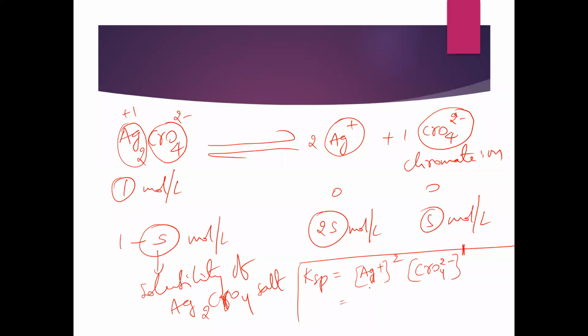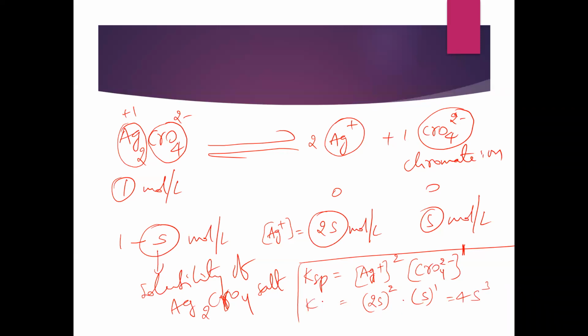Here Ag+ ion concentration is 2S, so (2S) whole power 2, into the concentration of CrO4 2-, which is S to the power 1. That is 2 square, 4, and S square into S is S cube, so 4S cube.